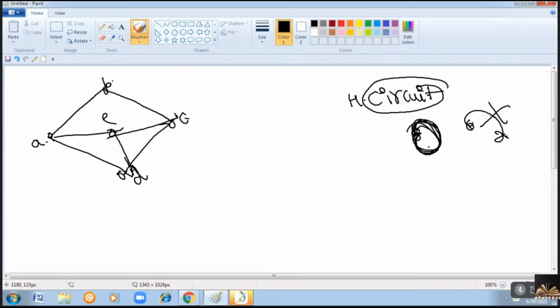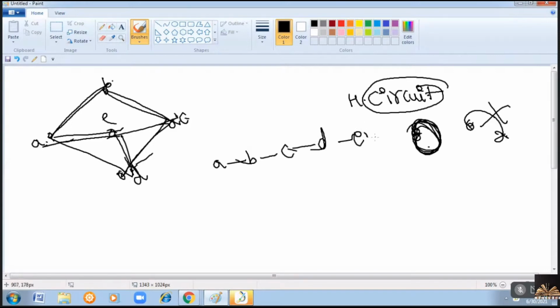So for a Hamilton circuit also, every vertex should be visited exactly once and it should come back to the starting vertex. Let me check in this graph whether we have that circuit or not. Let me start traversing from A: A to B, B to C, C to D, D to E. Concentrate on the vertices, not on the edges.